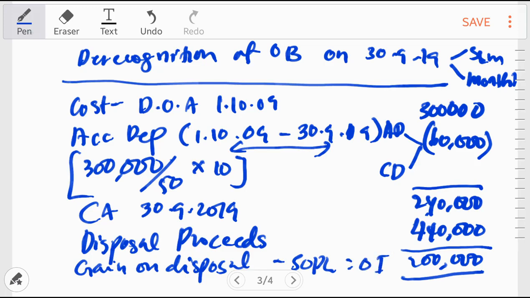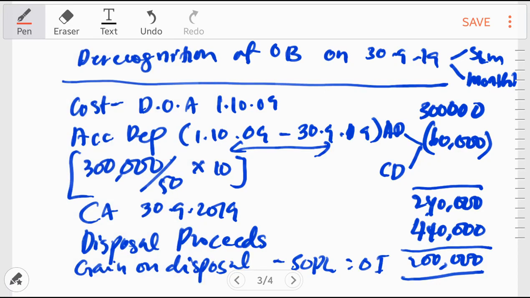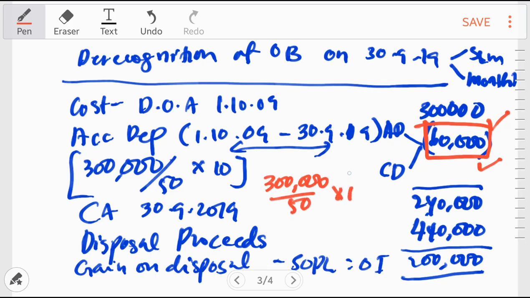Okay, let's focus on what will affect our movement. The ones that will affect our movement are just these two. However, within this 60,000, as I said earlier, that also involves the current year depreciation, which is 300,000 divided by 50 times 1.